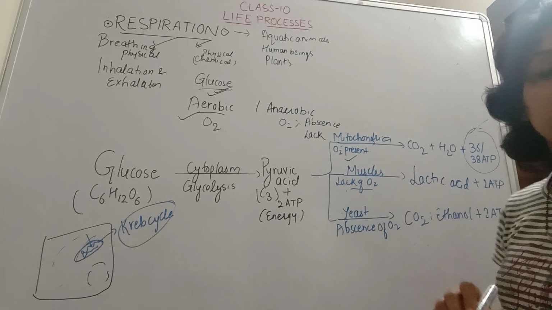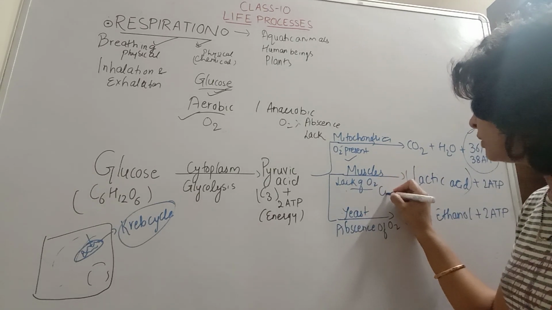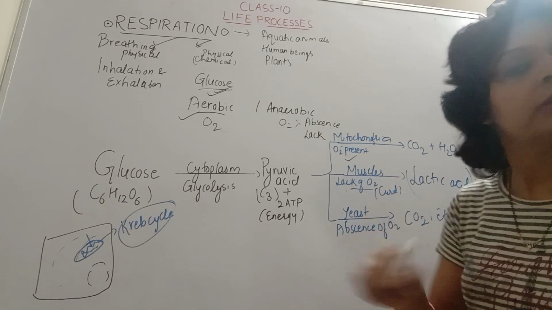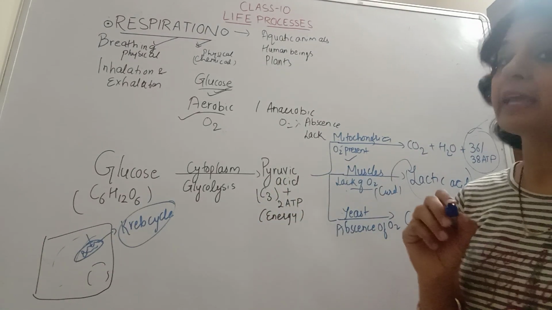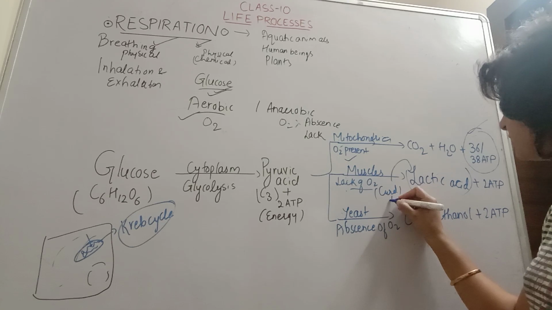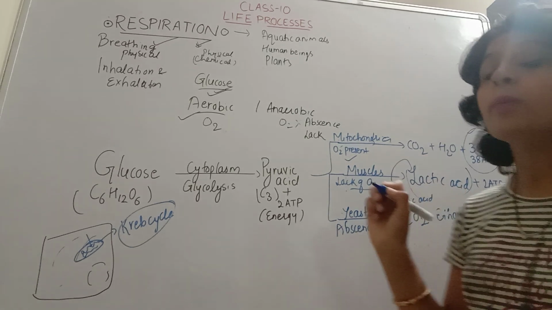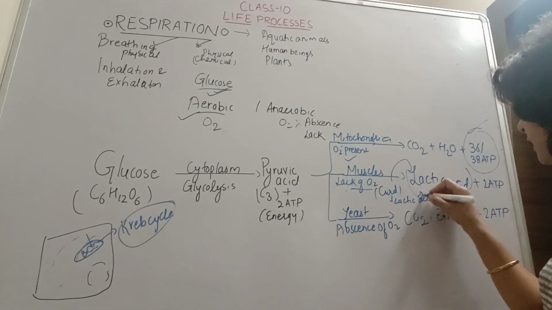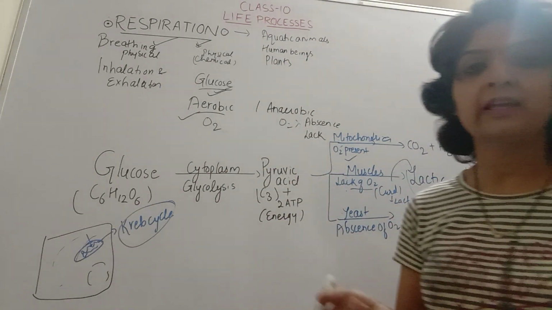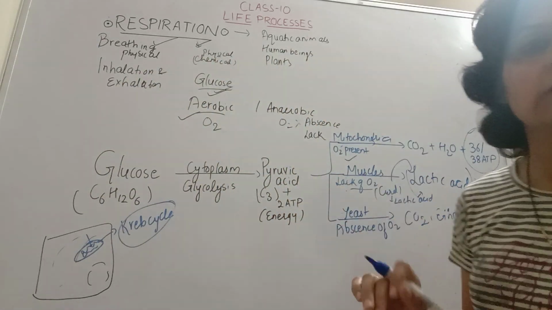This lack of oxygen, if I talk of lactic acid, you would have heard about curd. Curd contains lactic acid. The lactic acid bacteria, the lactobacillus, also form this lactic acid. So this is how the work occurs in respiration.